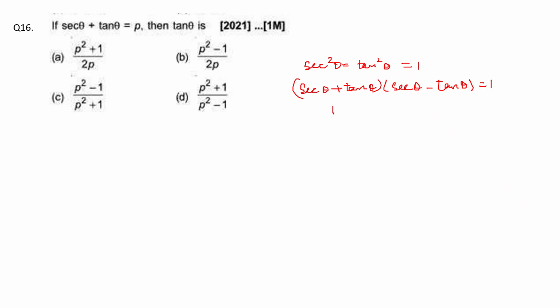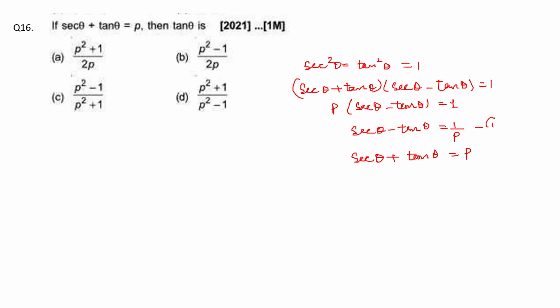And sec theta plus tan theta is P. So sec theta minus tan theta is equal to 1 by P. And it is given as sec theta plus tan theta is P.